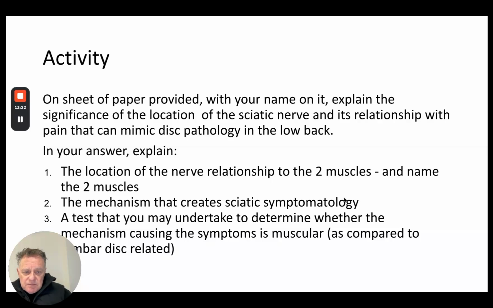The mechanism is tightening or constriction of piriformis, compressing the sciatic nerve. Anything that lengthens piriformis, like hip internal rotation, will further tighten piriformis and put pressure on the sciatic nerve, creating piriformis symptomatology.